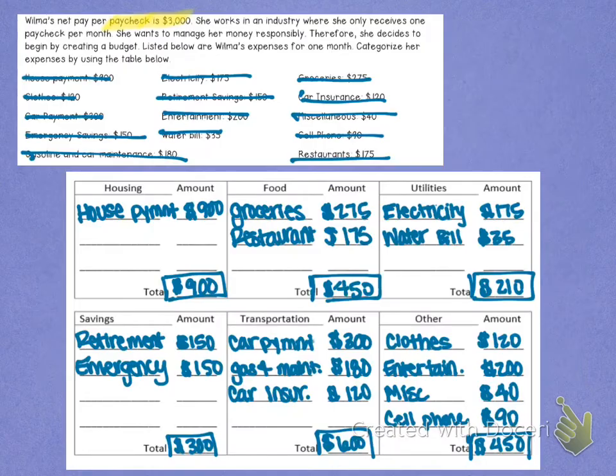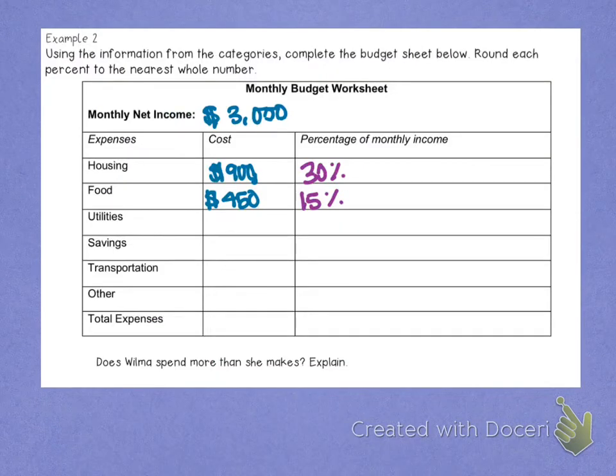Okay, so utilities was $210. So I'm going to write 210. And you could just fill all of these out right now. So 210, 300, 600, 450. This is just simply grabbing all the numbers from the beginning.